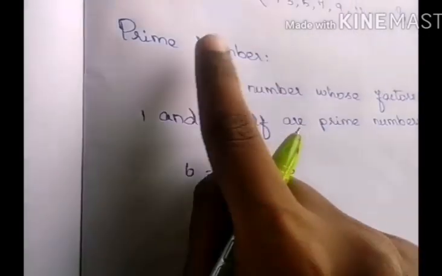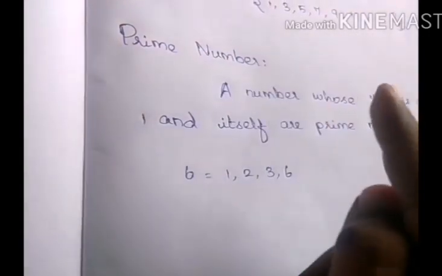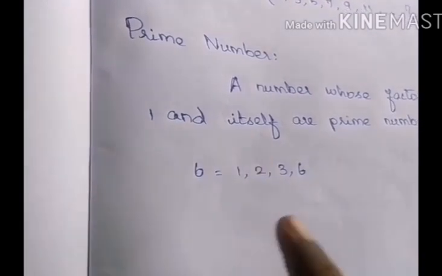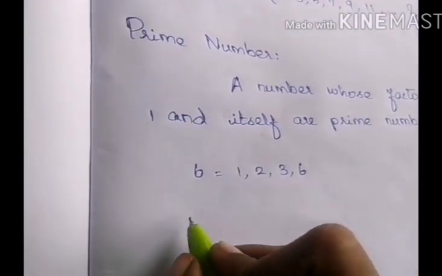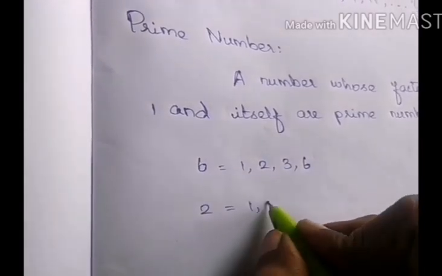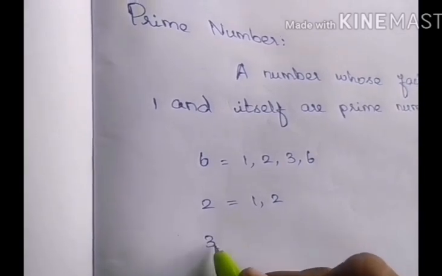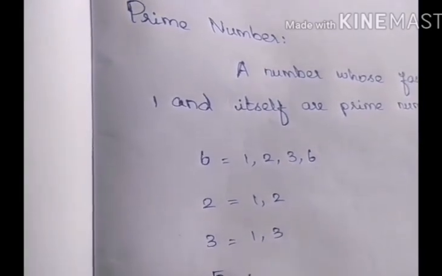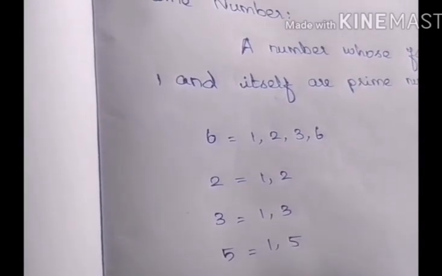When it comes to a prime number, the factors of the prime number should be 1 and itself. For example, 2. The factors of 2 are 1 and 2. The factors of 3 are 1 and 3. Factors of 5 are 1 and 5.